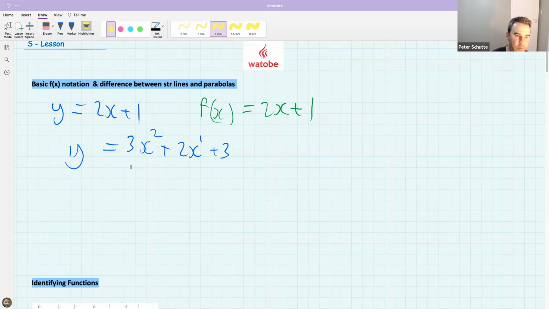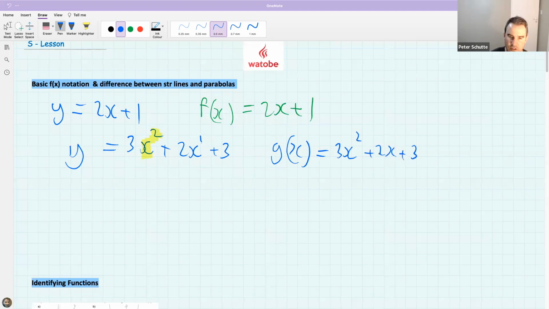But the main thing we're looking for to make sure that we get a parabola is that x squared term. And using the same notation, g of x equals 3x squared plus 2x plus 3 would be the way of writing that same parabola, just using the f of x, g of x notation.